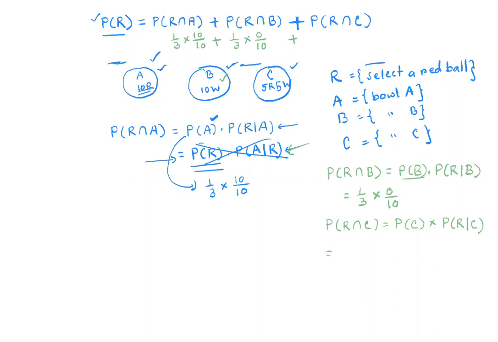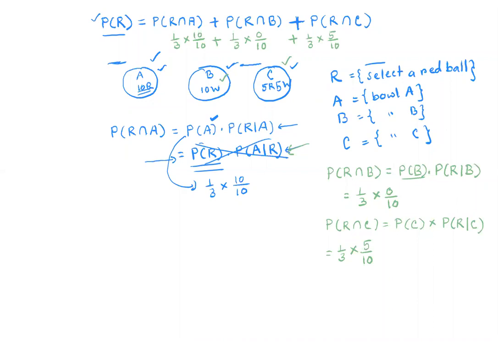There are 3 buckets. So it's 1/3 times the probability of selecting a red ball if you select C, which is interesting. There are 5 reds and 5 whites, so there is a 50% chance of selecting a red ball, or 5 out of 10. So it's going to be 1/3 times 5 out of 10.